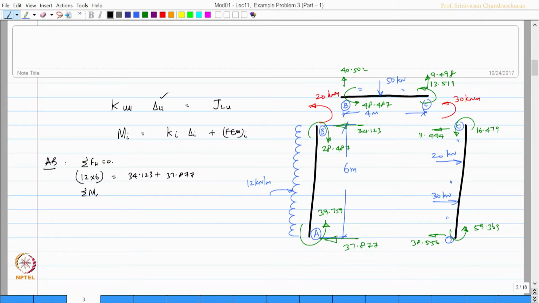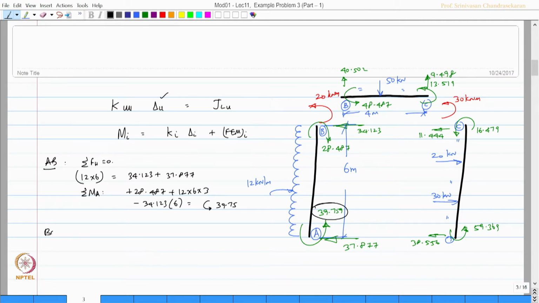Sigma MA, let us try to find out, which is going to be plus 28.487 plus 12 into 6 into 3 minus 34.123 into 6, which will be counterclockwise of 39.75, which is the same as this value.